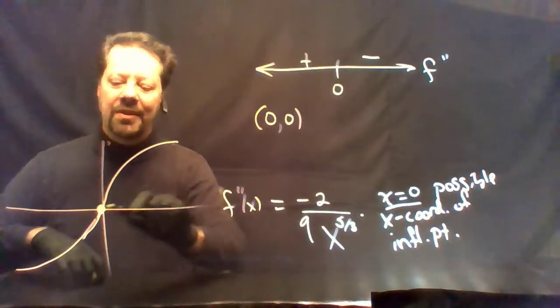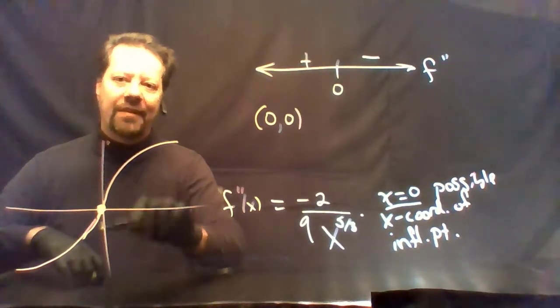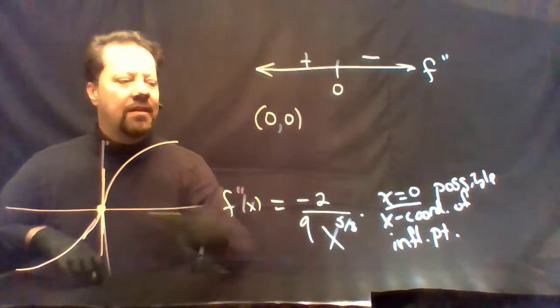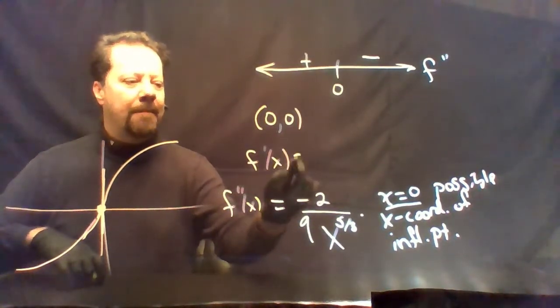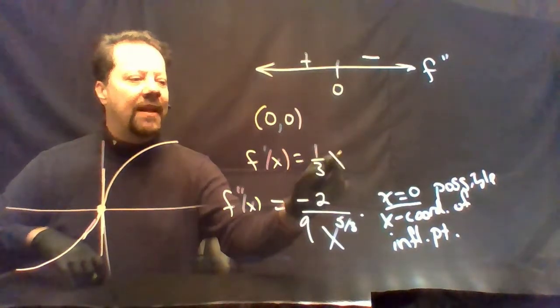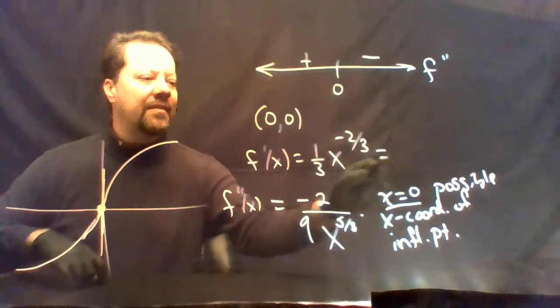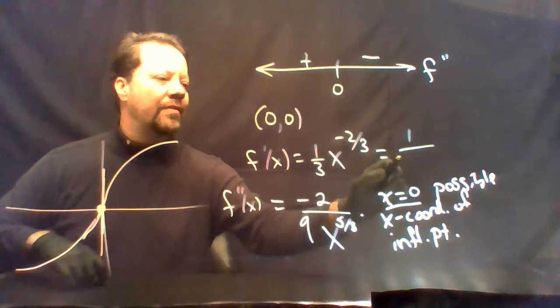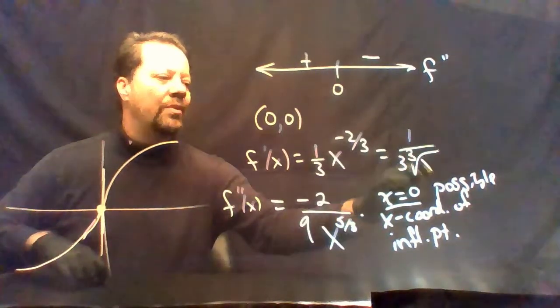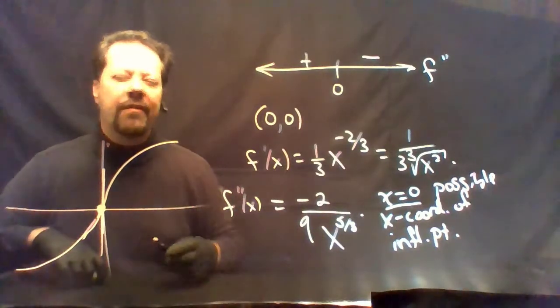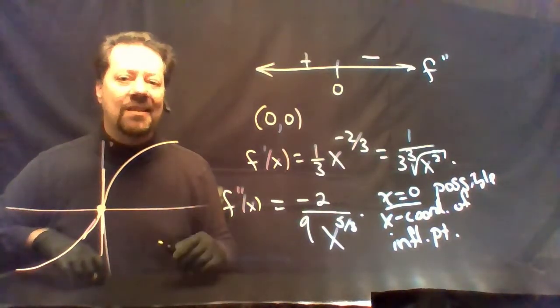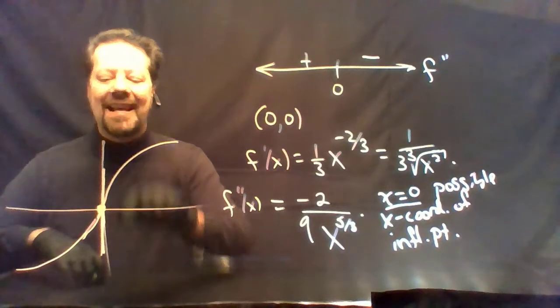The point 0, 0 is on the graph, having a well-defined tangent line. Recall that f prime in this case was 1/3 x to the minus 2/3, which is 1 over 3 times the cube root of x squared. At x equals 0, the derivative is undefined, but that doesn't mean that you don't have a well-defined tangent line.